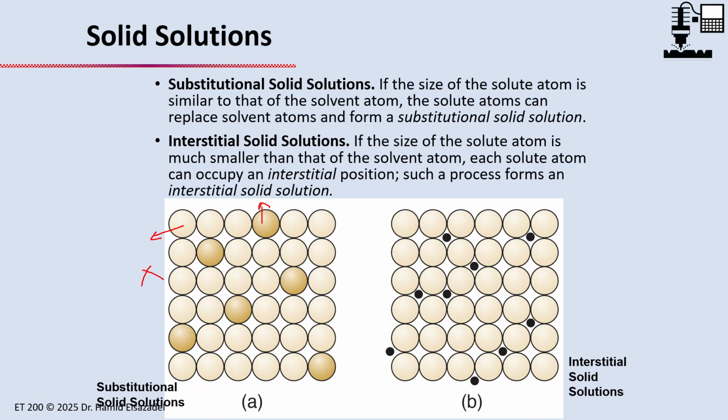One example can be brass. In brass alloy, as you know, it's an alloy, a mix of zinc and copper, right?